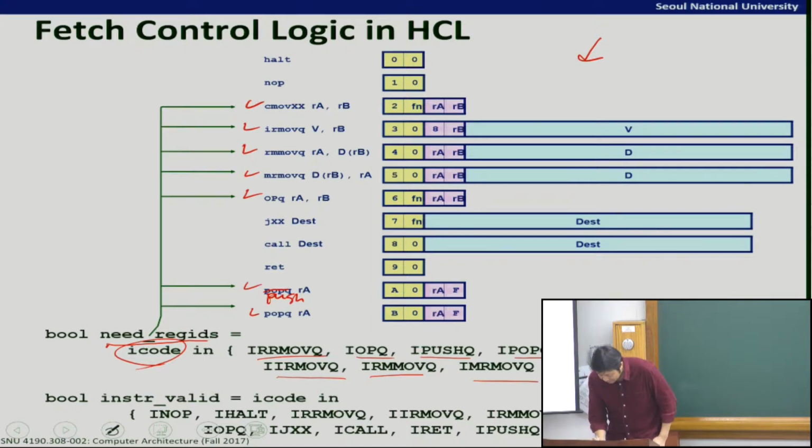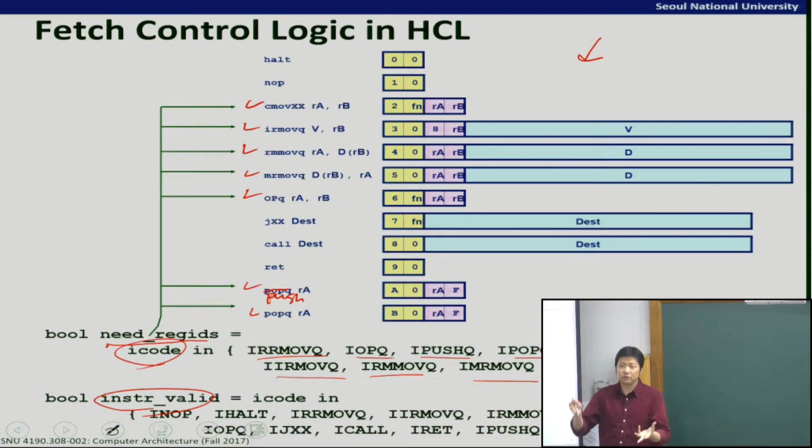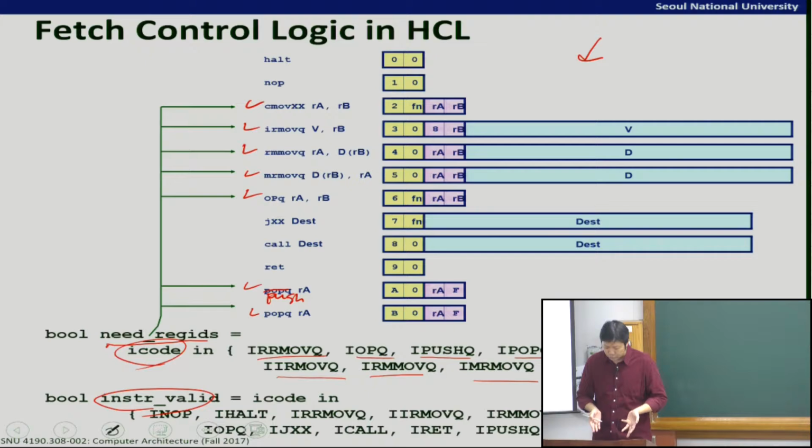Likewise, the instruction valid signal is whether this is really a valid instruction or not. So this one becomes true if the instruction code is one of the defined instructions. In this case, INOP is a macro for constant value 1. IHalt is a macro for constant value 0. IR move is a macro for constant value 2.